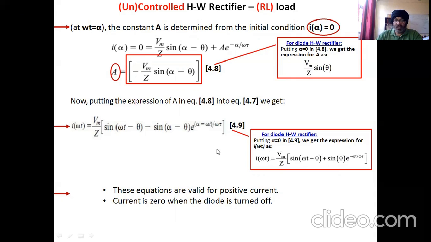So we can easily convert this controllable rectifier into an uncontrollable rectifier by putting alpha equal to 0. This is the superimposed value, the actual response of a half-wave rectifier to the inductive load due to the presence of inductance in the load.